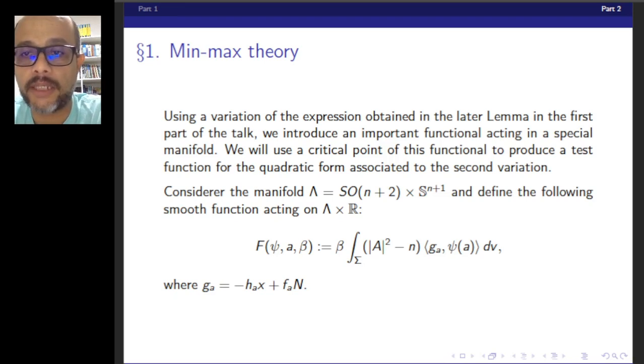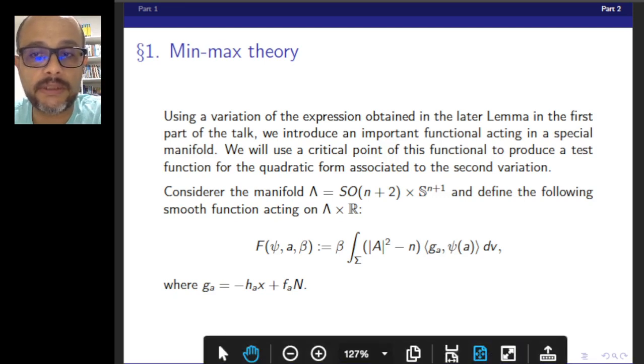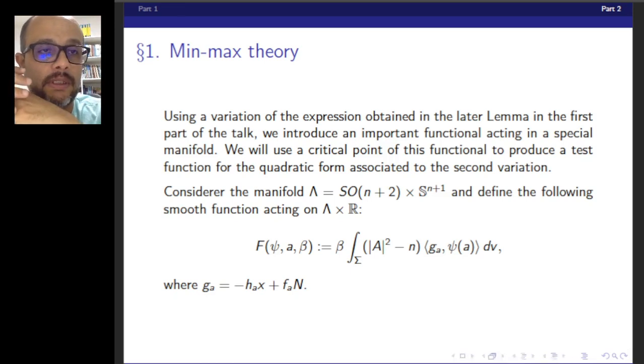the integral of this expression, is a smooth functional, and it is related with the index of the vector fields phi AB.